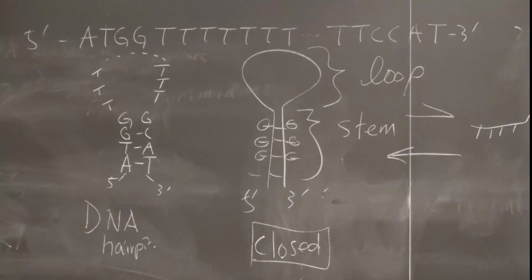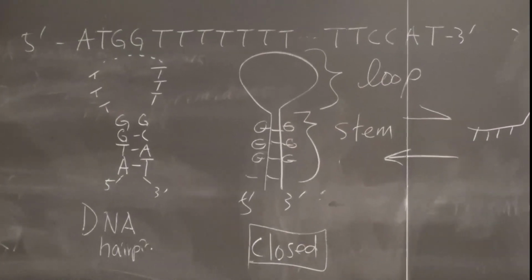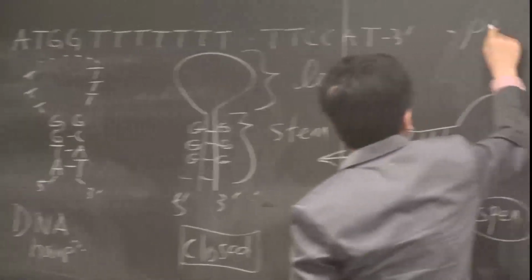So if you have a piece of RNA, then it will also form this type of what's called the secondary structures. So this is the primary structure.